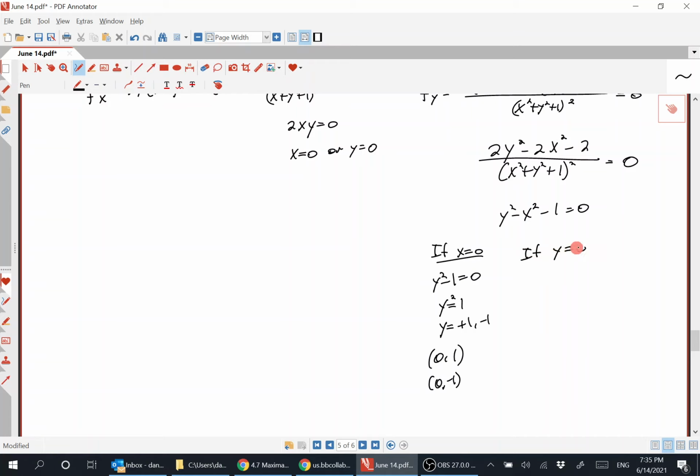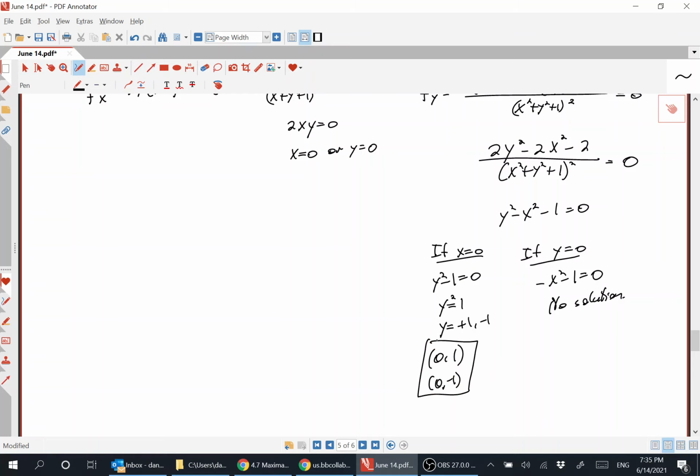If y is equal to 0, then you're going to have minus x squared minus 1 equals 0, so no solution. So these are the only critical points.